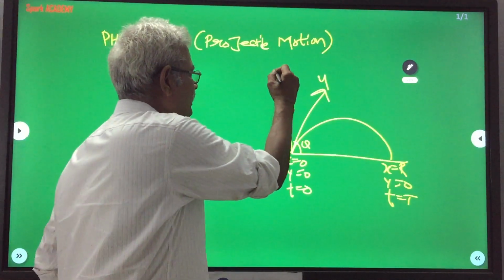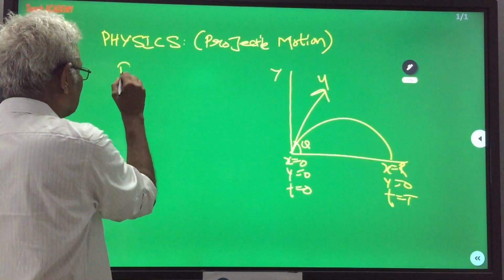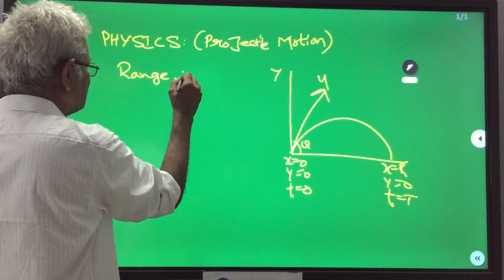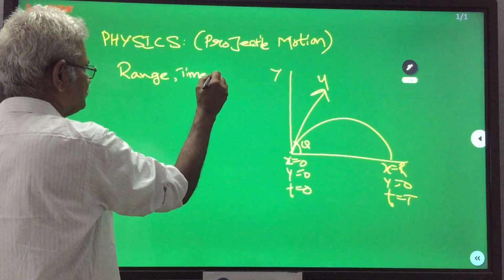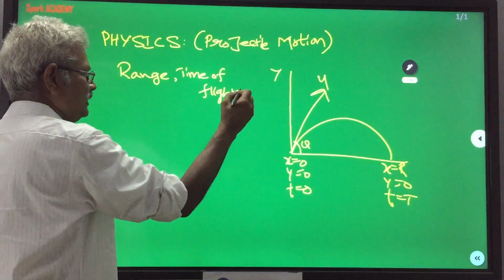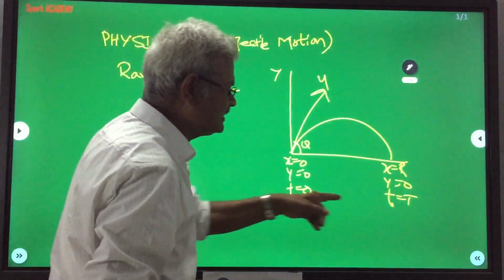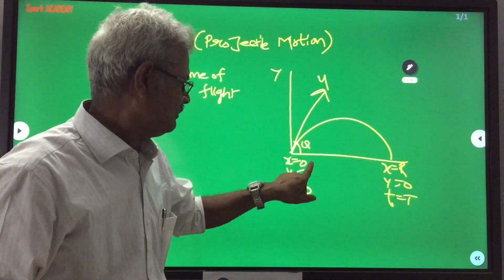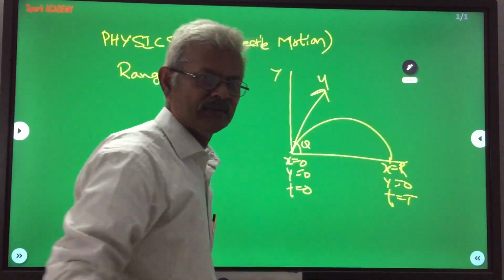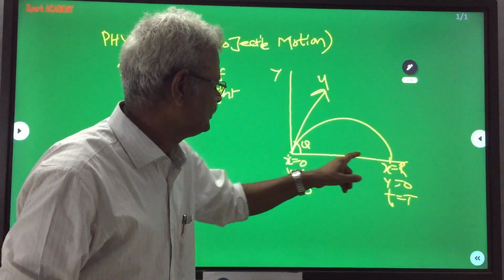Previously I have drawn this one. So now I want the range of the projectile, and also the time of flight, capital T. Now to get the time of flight, what is time of flight? The time taken by the projectile to go from the origin to this point. T is the time, capital T, the time taken for the projectile to go from the origin to this point.